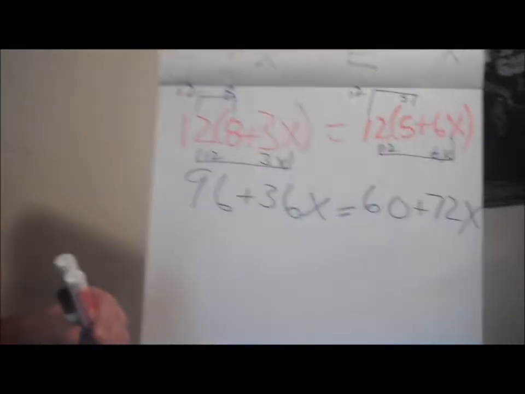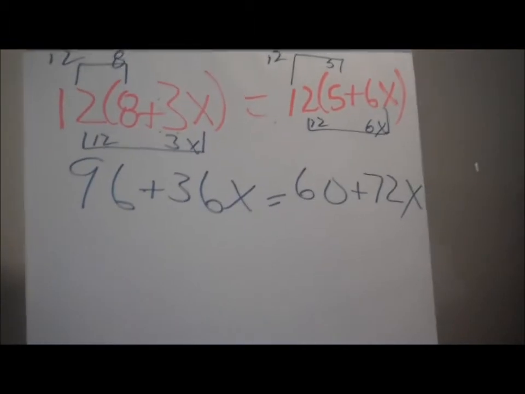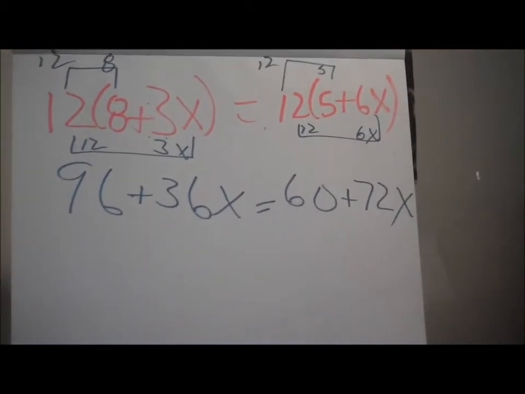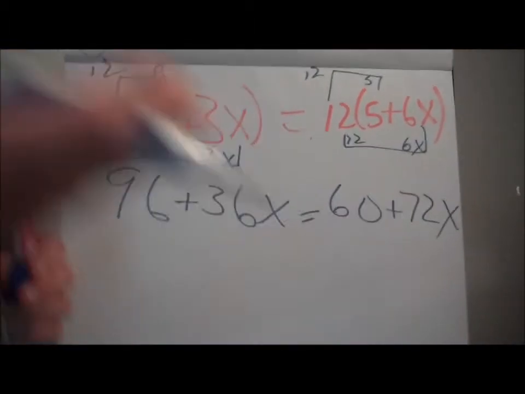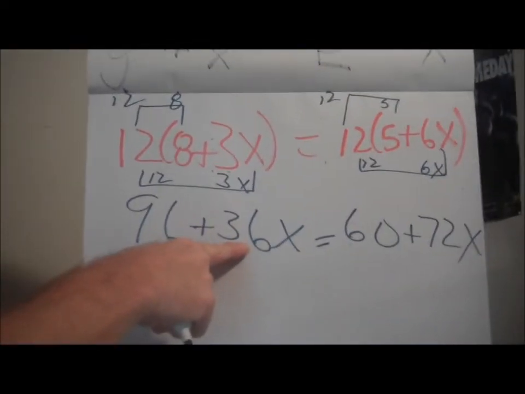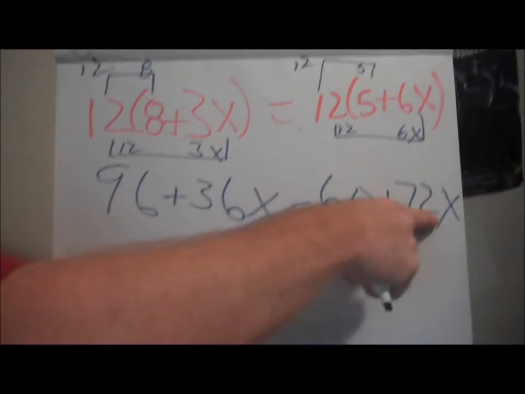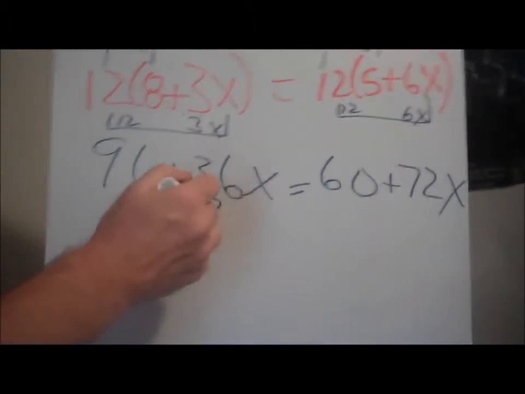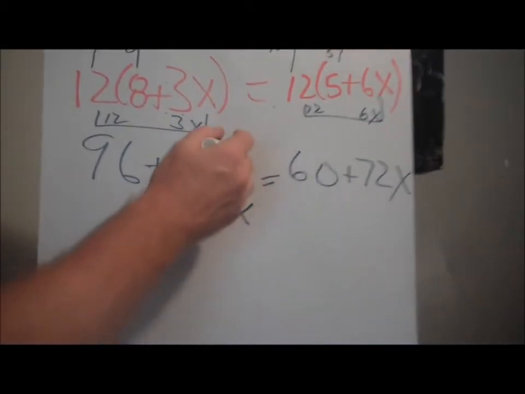Okay. Now at this particular point, it really doesn't matter what we add to both sides. We need to know right now, we're going to get all the x's to one side. We're going to get all the numbers to the other side. Since this is a smaller x than this, we're going to add opposites.